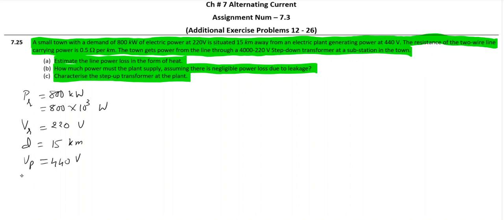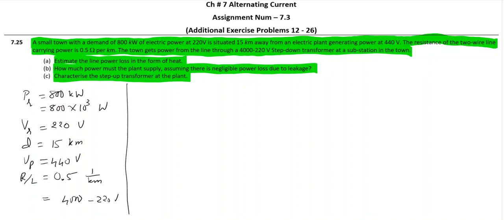The resistance per unit length is 0.5 ohm per kilometer, and the transformer at the output is 4000 volt to 220 volt.